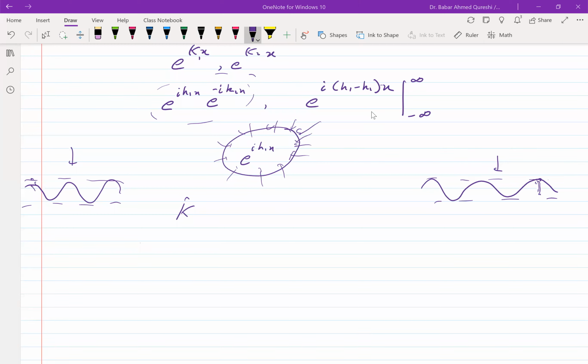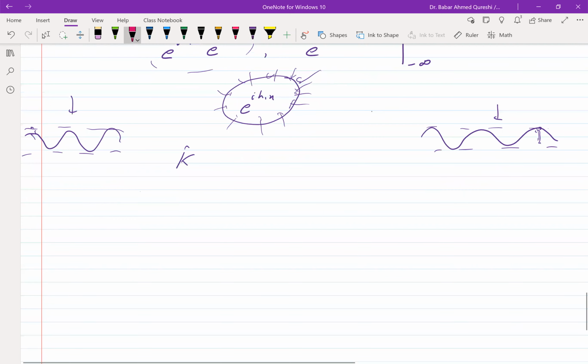Now coming back to the theorem, which I was getting confused about. We actually had proved this theorem.